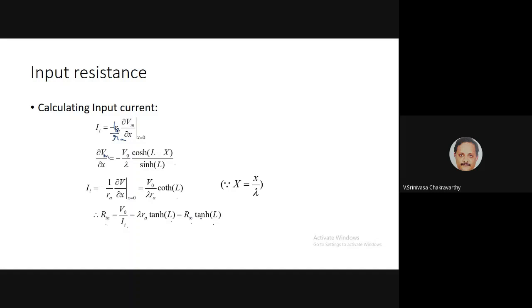The fact that the cable is of finite length comes through in the tanh part of the formula. You can also verify this: if L is equal to infinity, this formula should give you R infinity, which is true because tanh of infinity is equal to 1. So you recover the same formula.